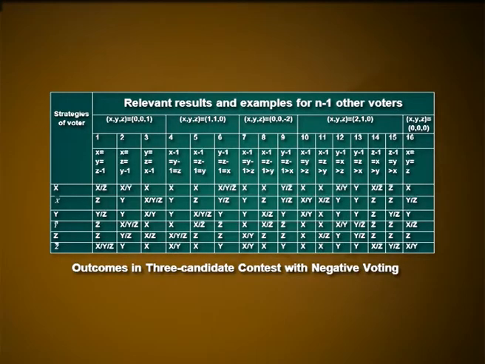But strategy x is also better than strategy z bar, because even though it leads to the same outcome as x for relevant result 5, x leads to a better outcome than z bar for relevant result 6, that is x by y by z versus y. In this contingency, strategy x allows for the possibility that outcome x will be chosen, but strategy z always ensures that non-preferred outcome y will be chosen. Thus, we have shown that x is a dominant strategy for a voter with preference scale x y minus z, and it leads to outcomes at least as good as and sometimes better than any other strategy.